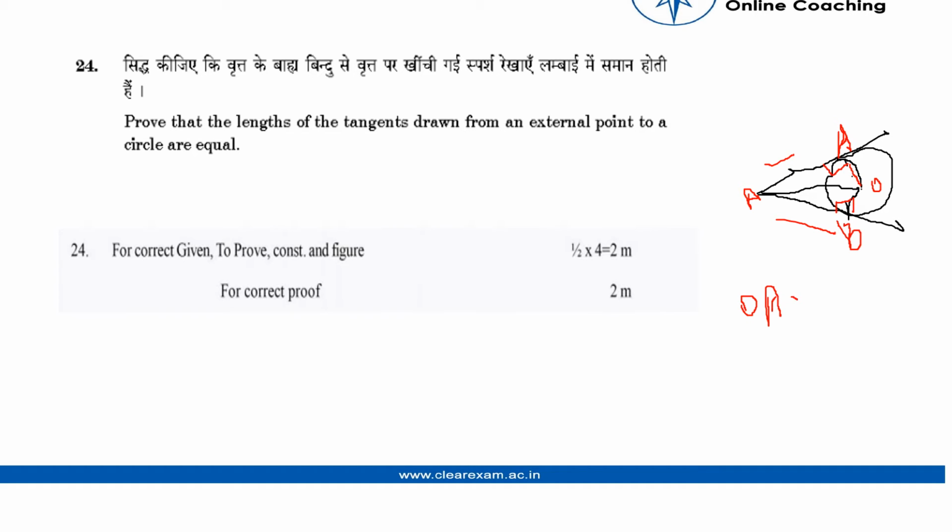OA is equal to OB. And AO is common. OP is the common side, and two 90-degree angles are formed by tangents.